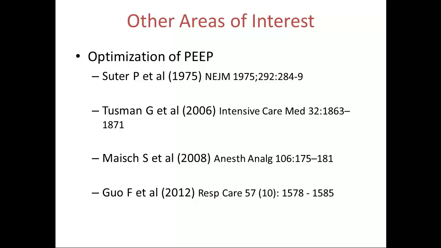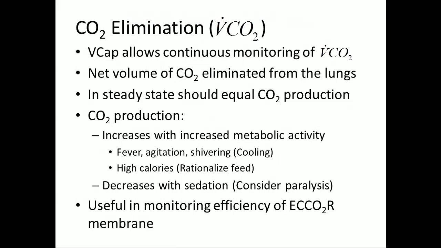But then as you over-distend, relative to the amount of perfusion that you have, alveolar units are over-distended, and you've got high VQ, and that subsequently leads you to having a high dead space. So you can use dead space as a variable to optimize what level of PEEP to use. This theory has been validated and used in animal models by Tisman and colleagues, in anesthetic patients and in patients with respiratory failure as well.